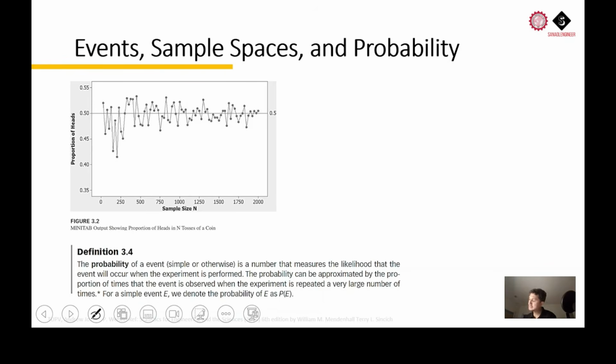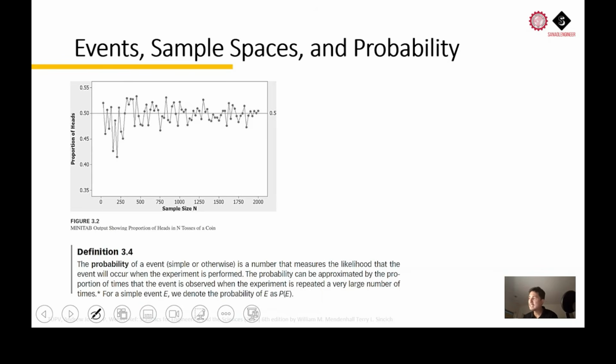So what this statement means is, when we say probability, we do not mean that when you do a single experiment, the probability will always come out to be, for example, 0.5 for tossing a coin.